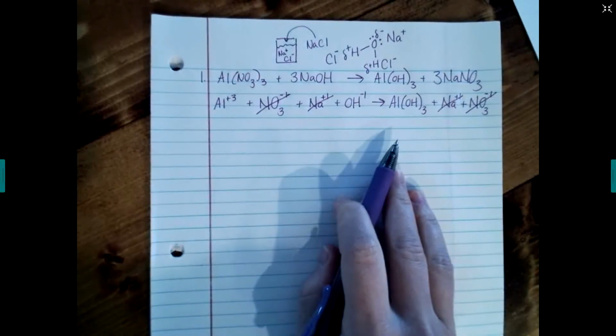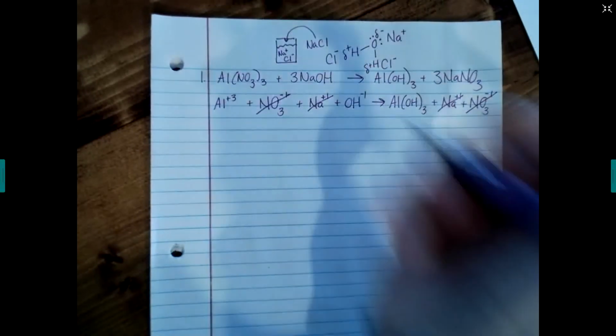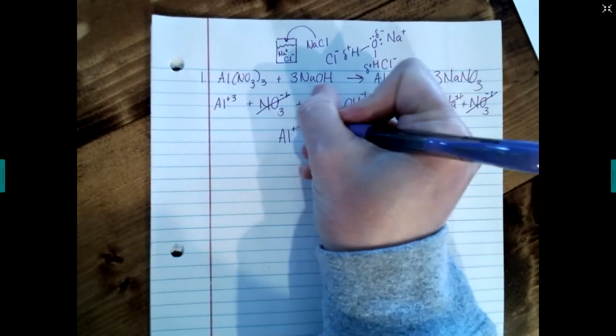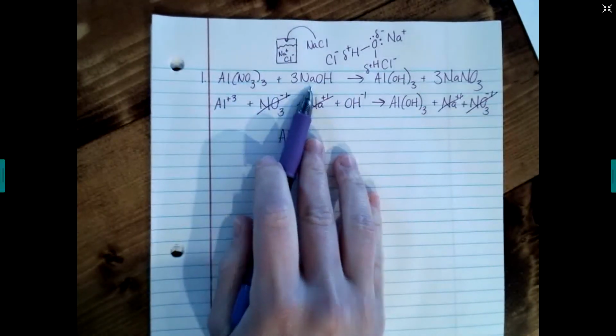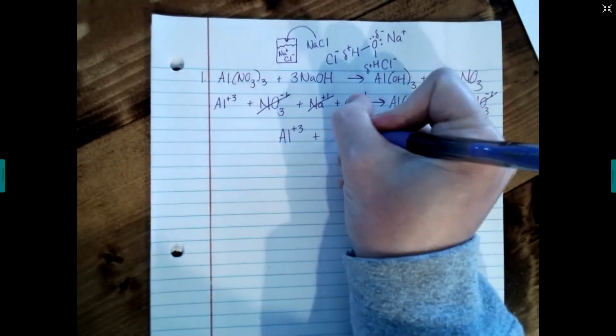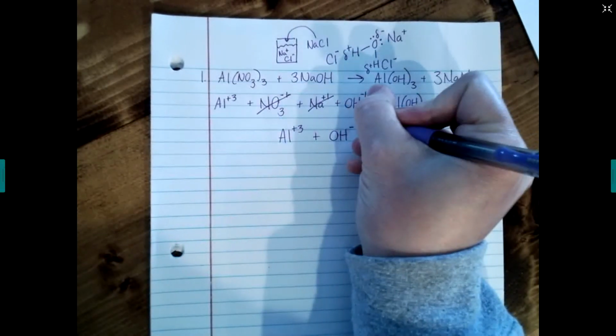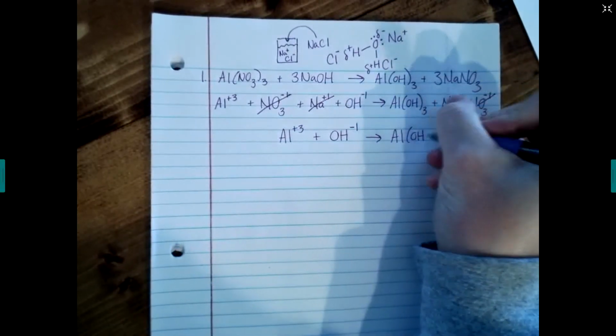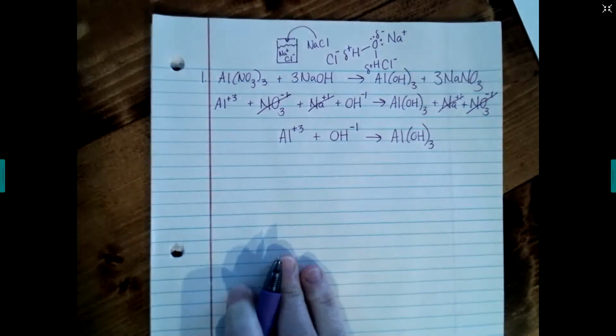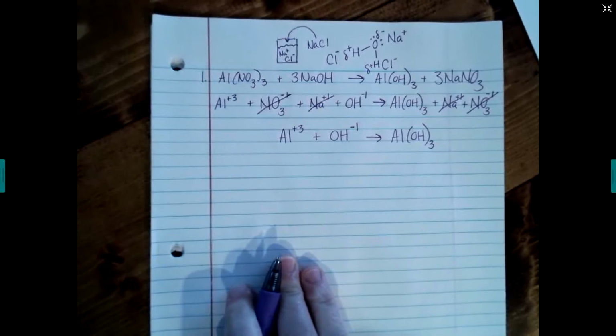It does not take part in this reaction. So the only thing actually changing when you add these two chemicals together is aluminum ion bonds with hydroxide ion to form aluminum hydroxide. All we have left to do now is balance our equation.